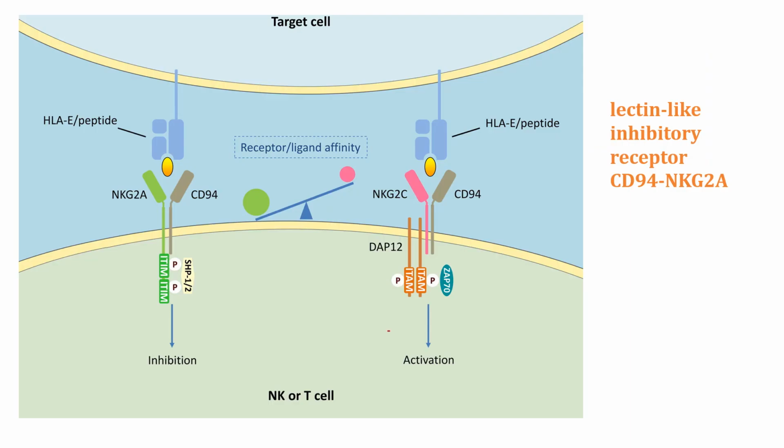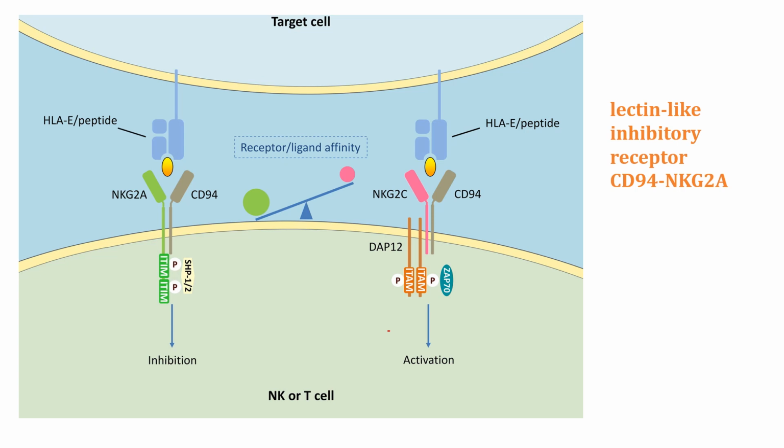Apart from this, the inhibitory receptors have been discussed in human and mouse. Human NK inhibitory receptors are Ig-like molecules; the lectin-like inhibitory receptor is CD94 and NKG2A. This is the inhibitory receptor, and this is the activating receptor.